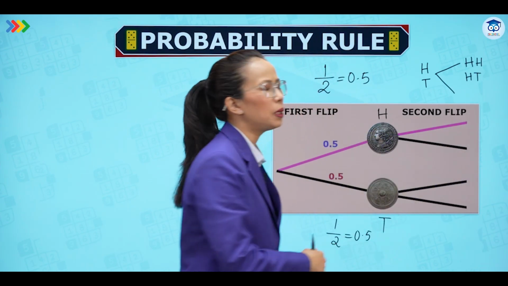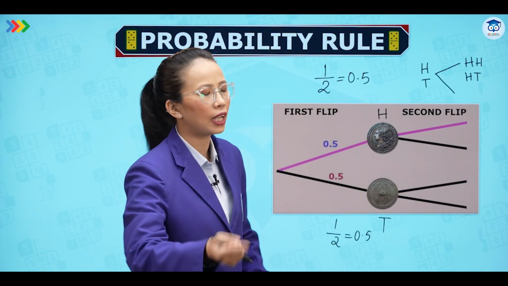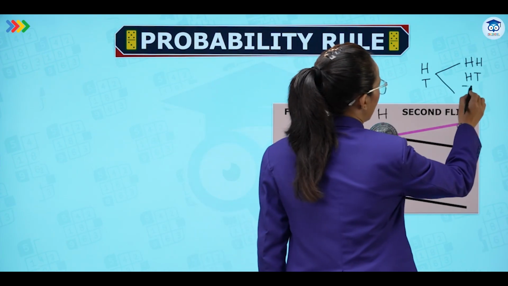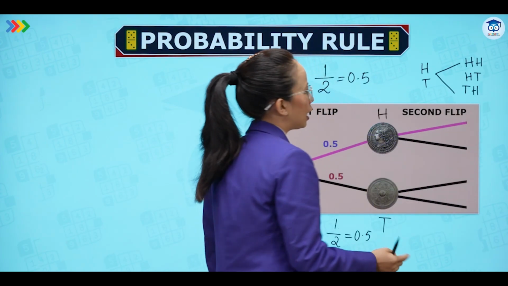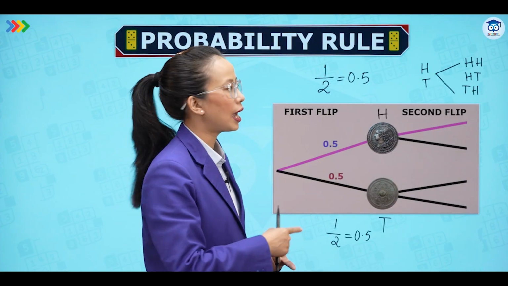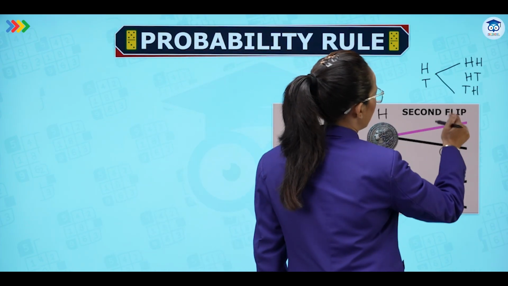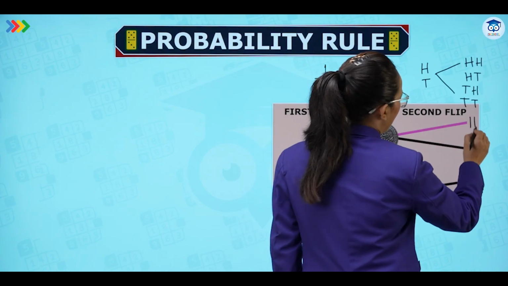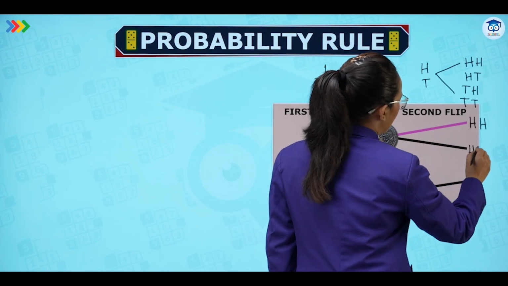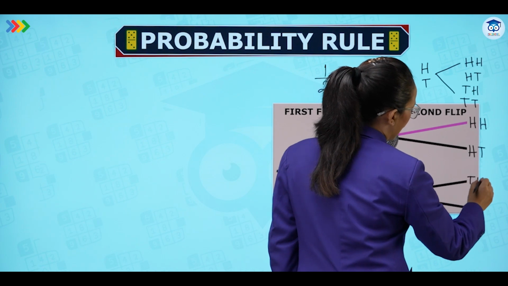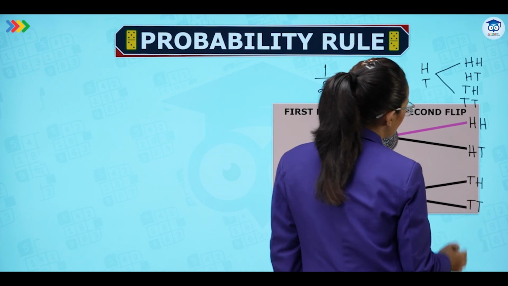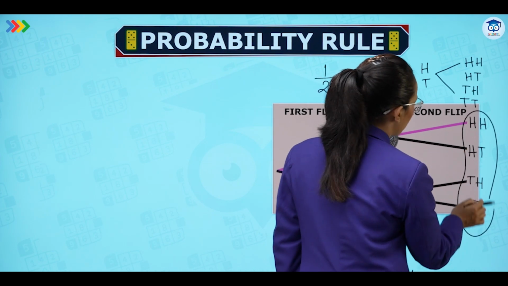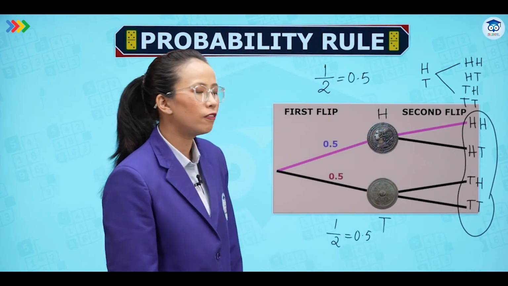Or you may get tail in the first flip and head in the second, and lastly tail and tail. So we have head head, head tail, tail head and tail tail. These are the 4 possible outcomes when we have the second flip.